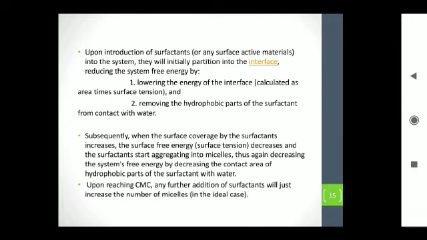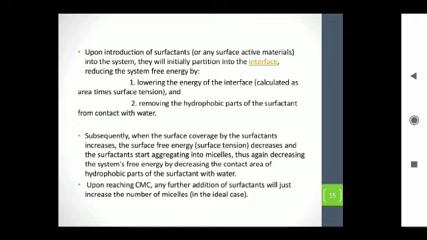Upon introduction of surfactants, surface tension can be decreased by lowering the energy of the interface, or by removing the hydrophobic parts of surfactants from contact with water. Subsequently, when the surface coverage by surfactants increases, surface free energy decreases and surfactants start to aggregate into micelles.